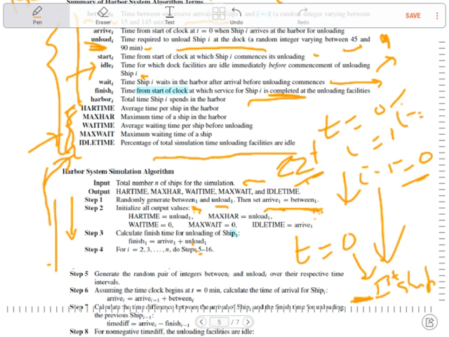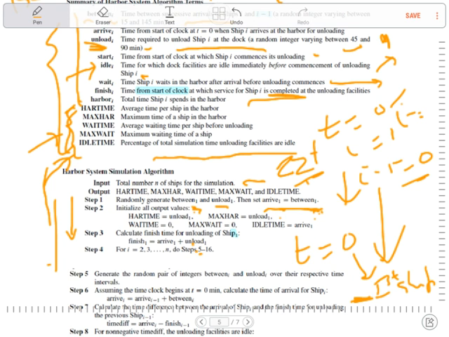Wait time equals 0, because ship 1 did not wait at all. It came and unloaded. Average wait time equals maximum wait time equals 0, as only one ship is there.